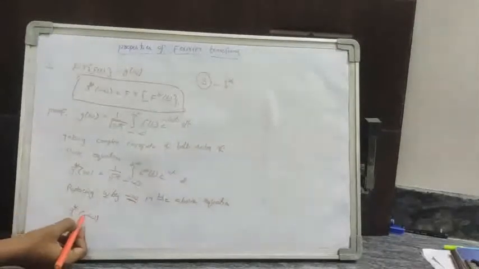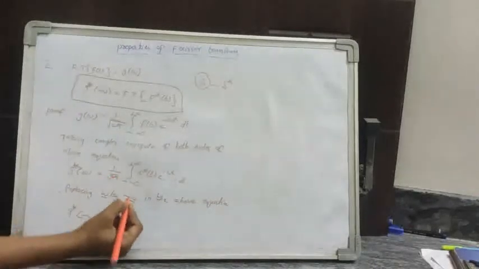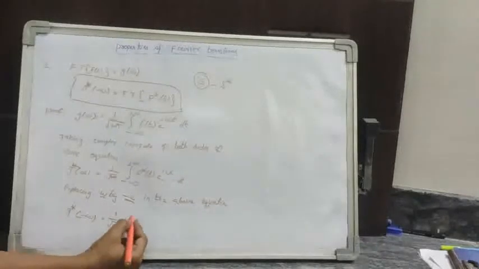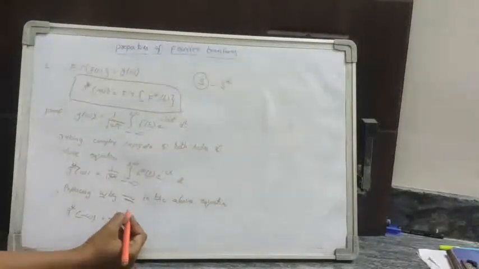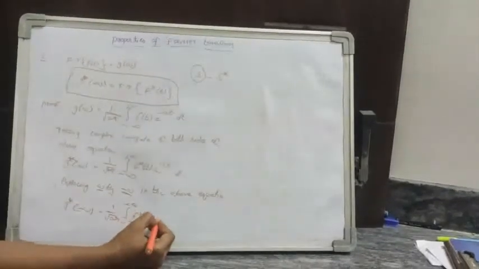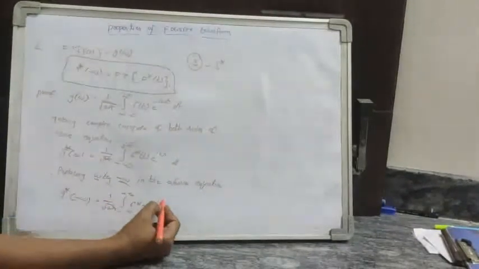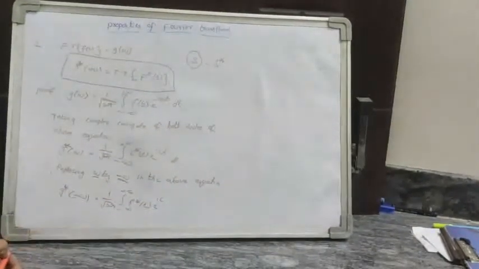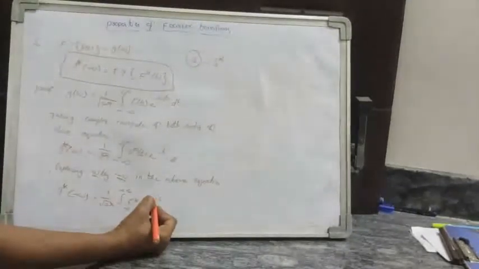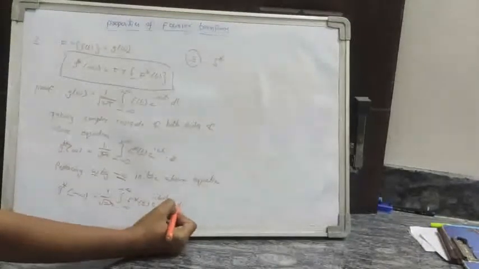So G conjugate of minus omega is equal to 1 by root 2 pi integral minus infinity to plus infinity f conjugate t e power minus i omega t into dt.